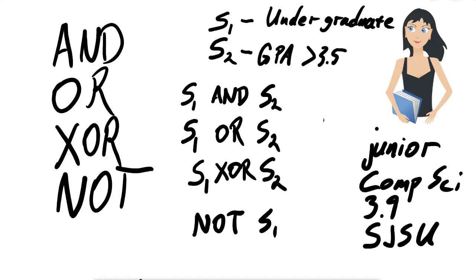If it's S1 and S2, Stacy is an undergraduate and has a good GPA. So Stacy would qualify. Let's look at the OR. Is Stacy an undergraduate or has a GPA greater than 3.5? Yep, she does. She has both, which satisfies the OR, right? Now let's look at this third one.